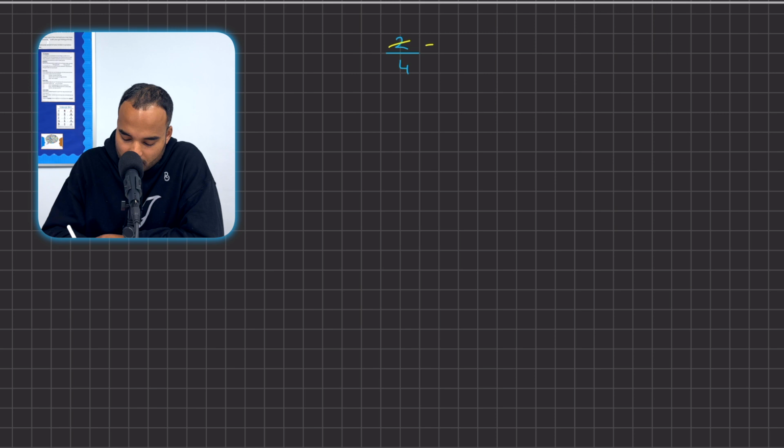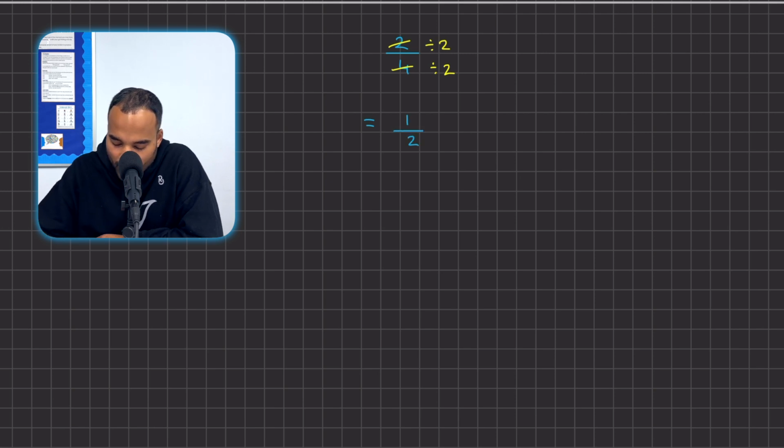I'm going to say divide by 2, and divide by 2. What do I end up with? Well, 2 divided by 2 is 1, and 4 divided by 2 is 2. So in other words, 2/4 in its simplest form is a half, or 1/2.